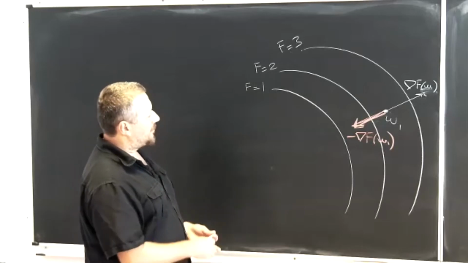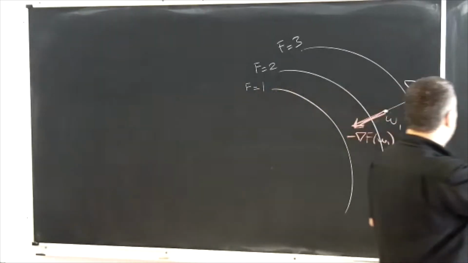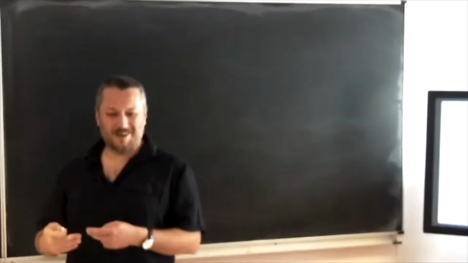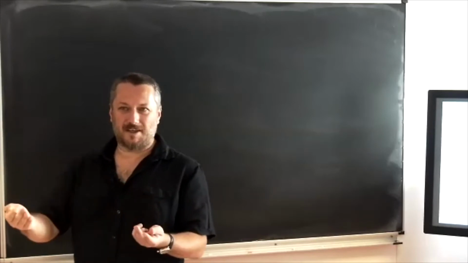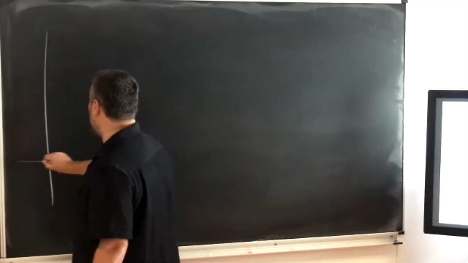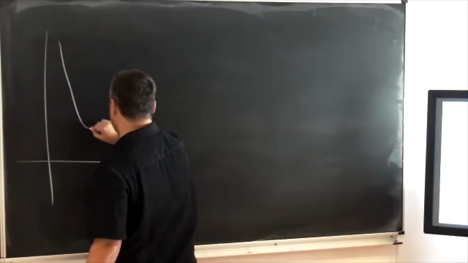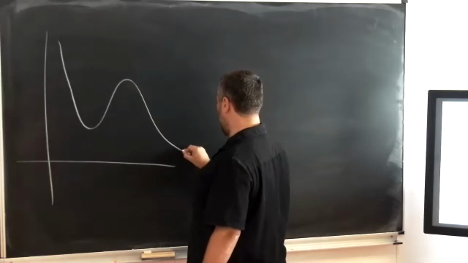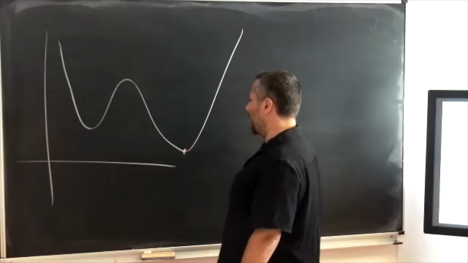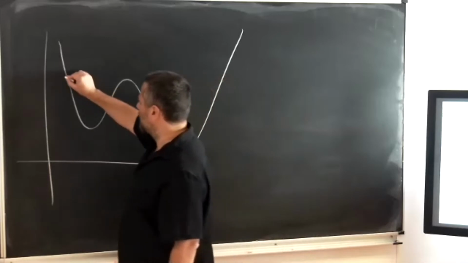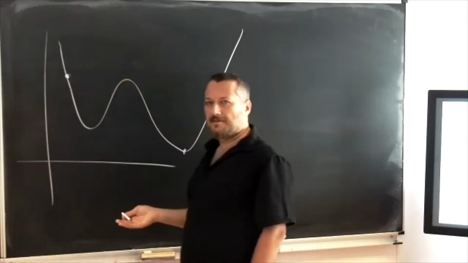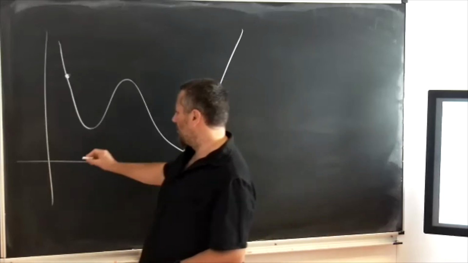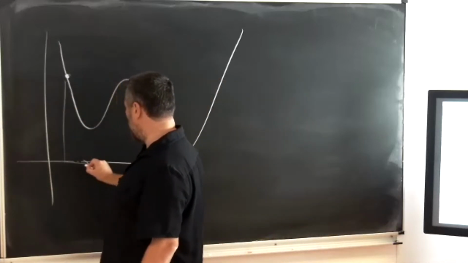All right, but as you can guess quickly, there's a problem of how big a step you should take. Because if you look at a function like this, and you want to find this minimum point, and you start here, and you look at the derivative, and the derivative is negative, so you want to move in the positive x direction, so you want to move this way.